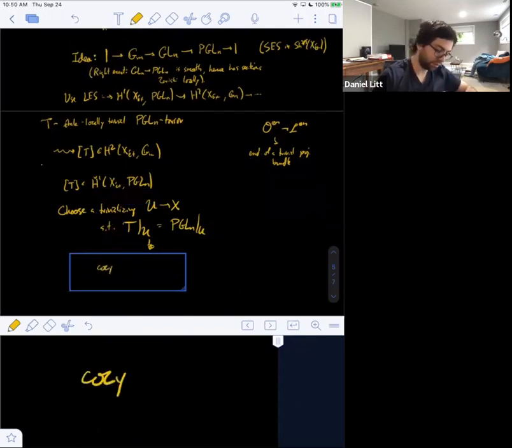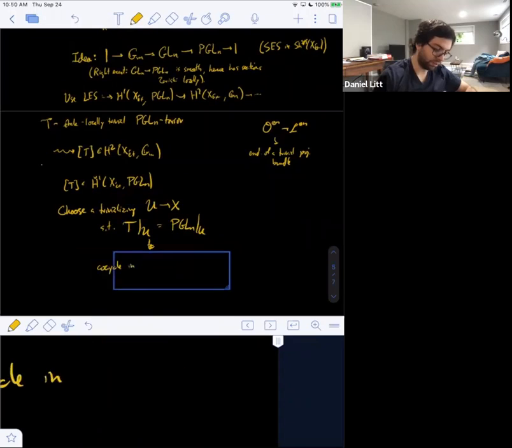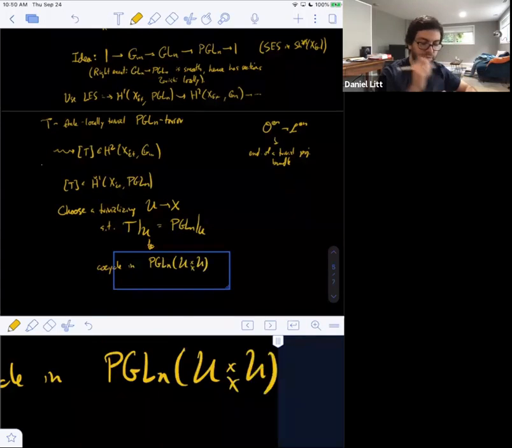What is it? It's a map from U cross U over X to PGL_N, right?